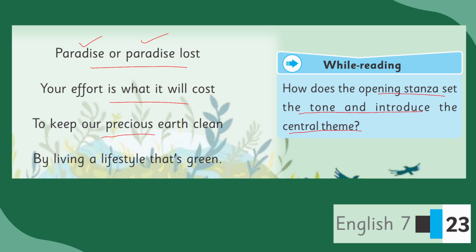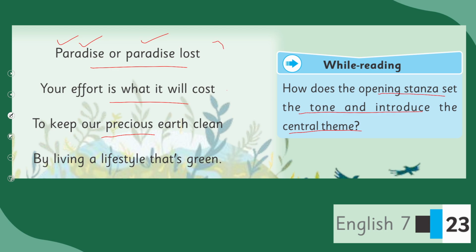We have either kept the earth as it is, which the poet is comparing to a paradise, or have we completely lost it due to our activities and actions? Your effort is what it will cost to keep our precious earth clean by living a lifestyle that's green.